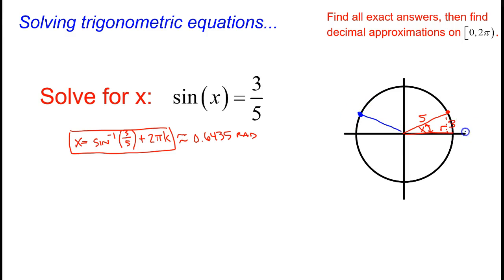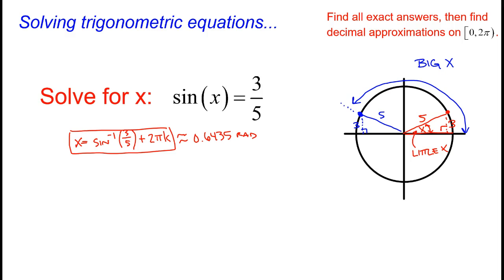Remember that this angle right here could also be x. That angle will also have a sine ratio of 3/5. So we could call the original angle little x, and this one big X. Big X and little x are related, and I'd like to show you how.